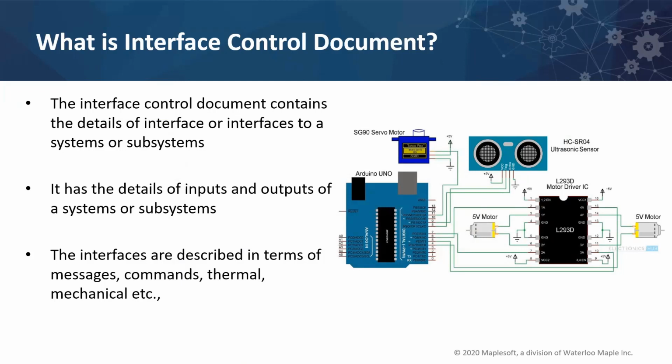So you'll be able to find the details of all of its inputs and outputs, and what flows through this input, or what is being processed between this input and output. And then these interfaces, or what is flowing in and out of the system, could be described in terms of messages, commands, if it's a human machine interface, if it's a mechanical interface, etc. So this is the information that is going to be in an interface control document.